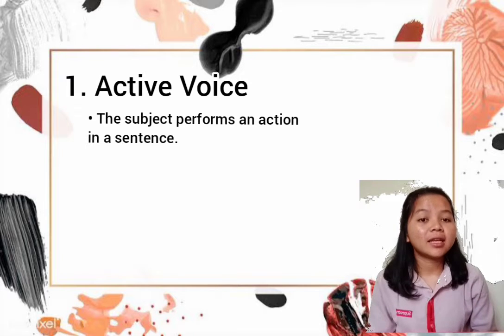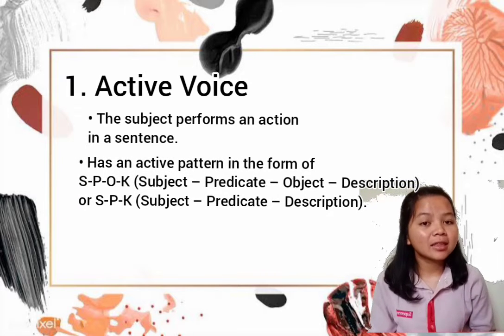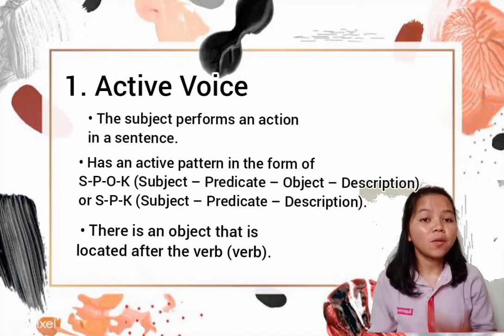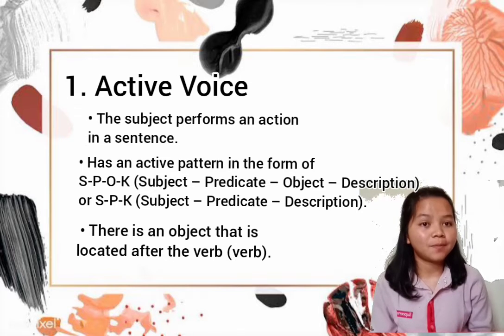The second one has an active pattern in the form of SPOK, or subject, predicate, object, and description, or SPK, or subject, predicate, description. And then there is an object that is located after the verb.